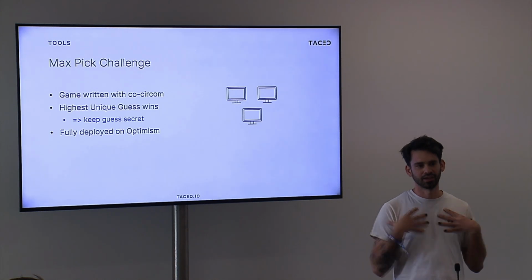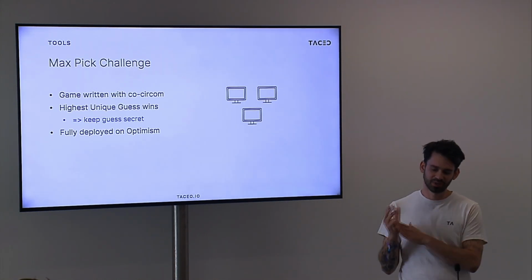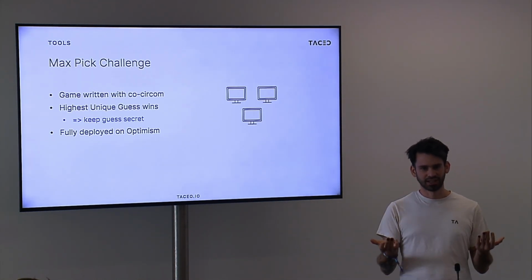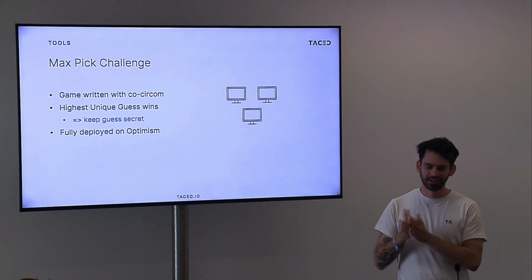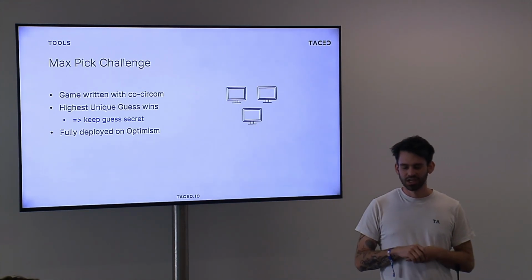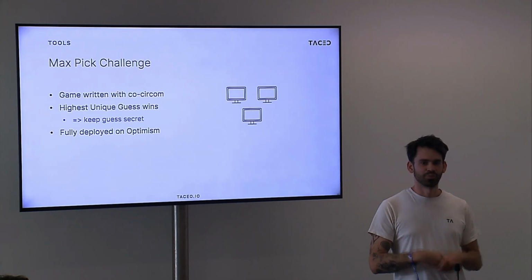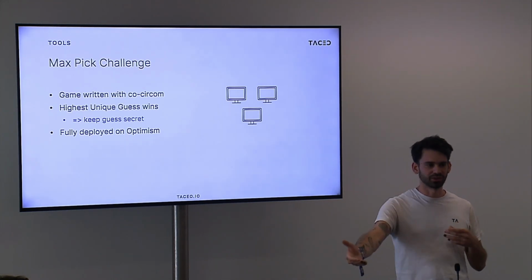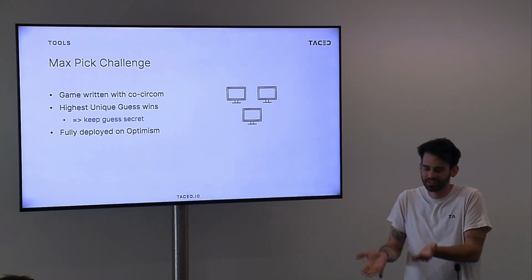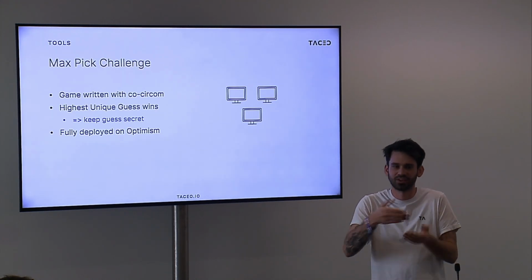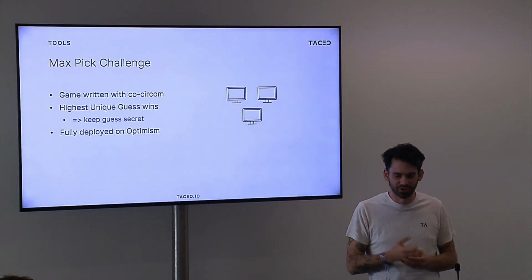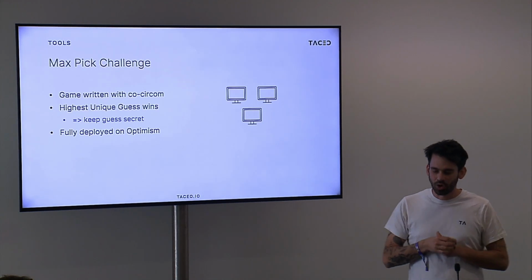If I bet 999 and some other people also say 999, they cancel each other out, and the guess is disabled. Of course we can't do that with usual blockchains, because if you write it on chain, you see every result, so you could just cheat, or someone could snipe your result.